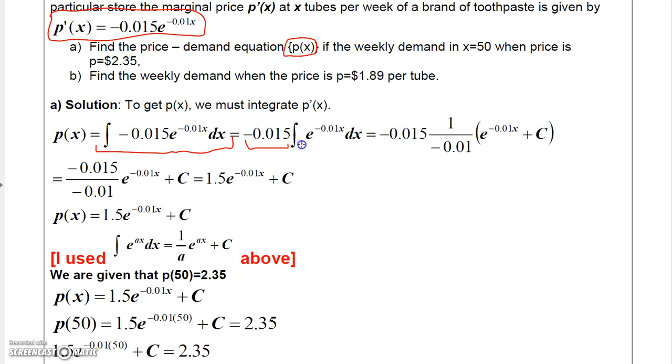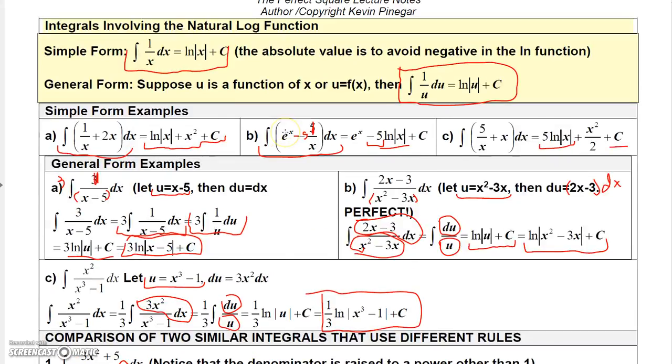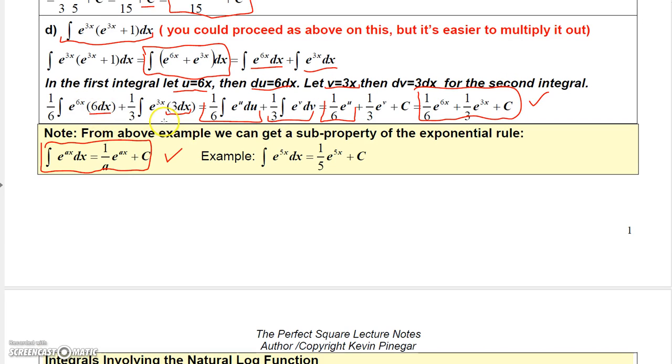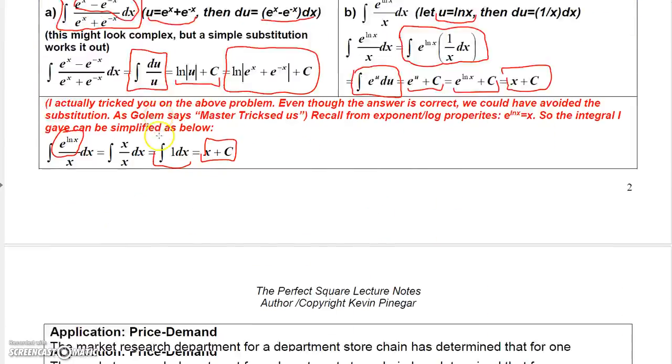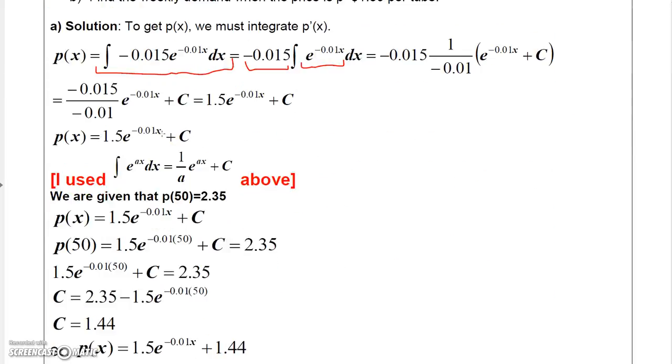Now for this inside I could use that little trick. Remember earlier I showed you this little trick you could use. Where is it? Right here. e to the ax, when you integrate it you get 1 over a times e to the ax. So you could use that little trick there.